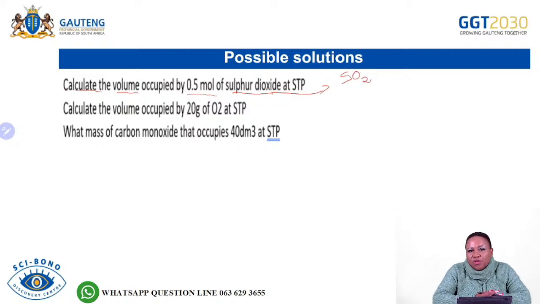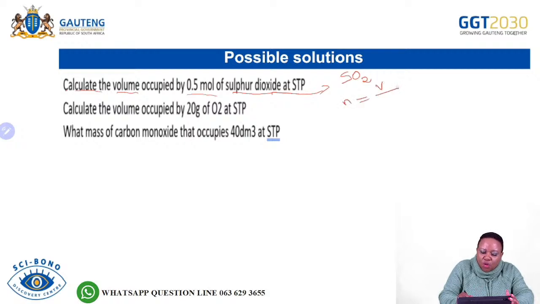Therefore, what are we looking for? We are looking for the volume. We know that n is equal to V over Vm. We are provided the number of moles, 0,5. We are looking for the volume. We know that Vm is going to be 22,4.